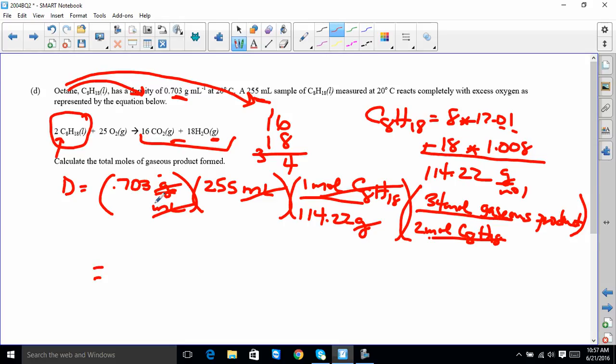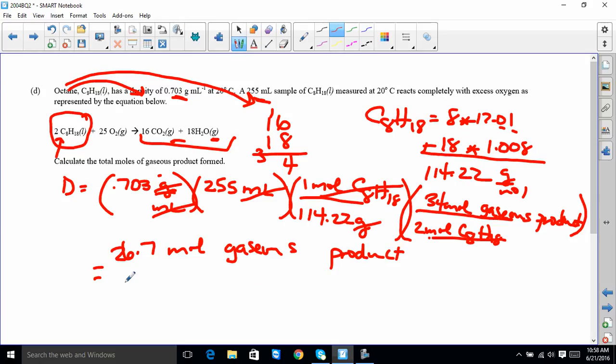But anyhow, this has 3, this has 3, this has 5. These are counting numbers, and so the answer ends up being 26.7 moles of gaseous product.